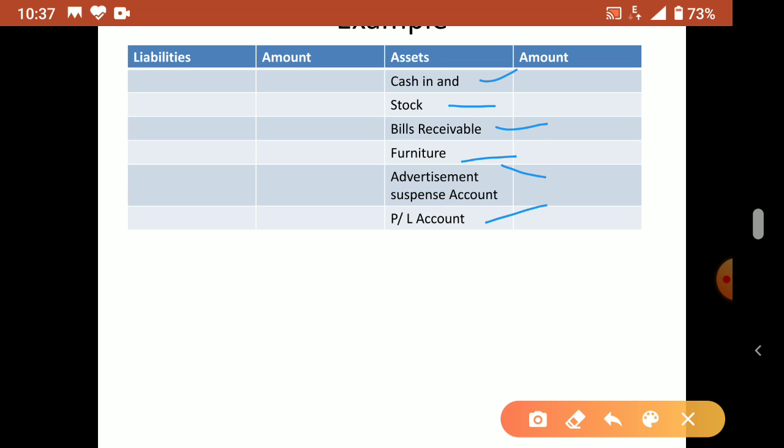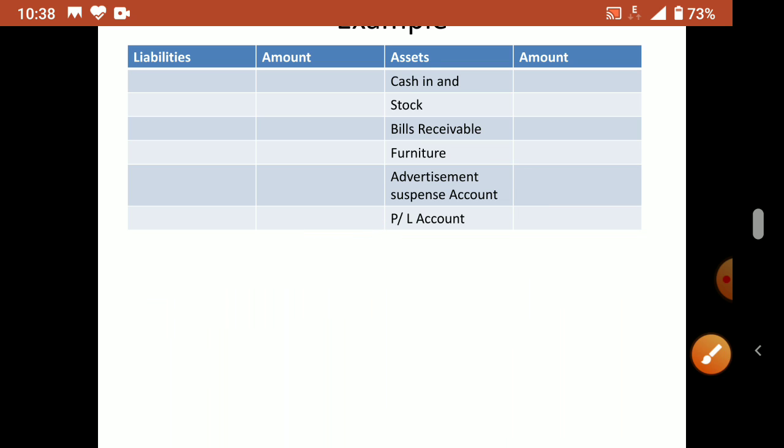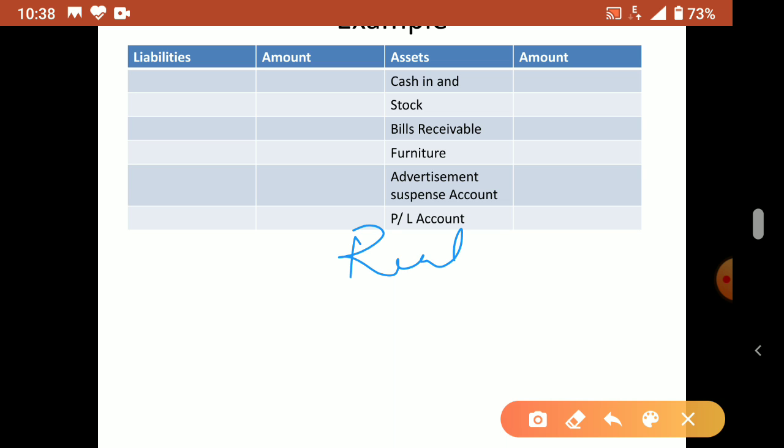When we prepare the realization account, we prepare it as usual, like revaluation only, don't change the name. So in the realization account also we write the debit side, then the credit side. Okay, particulars, amount, particulars, amount. Once again I'll write the realization account.